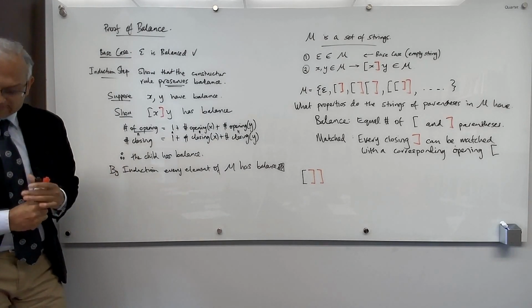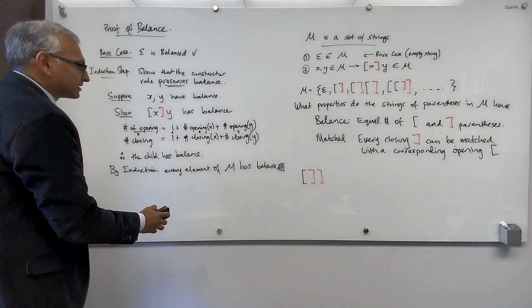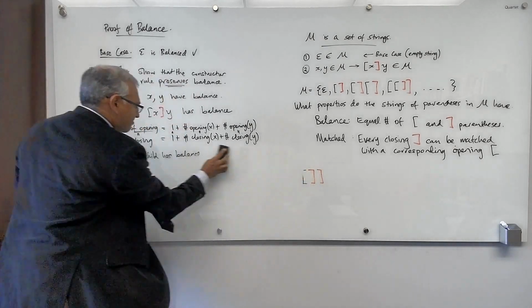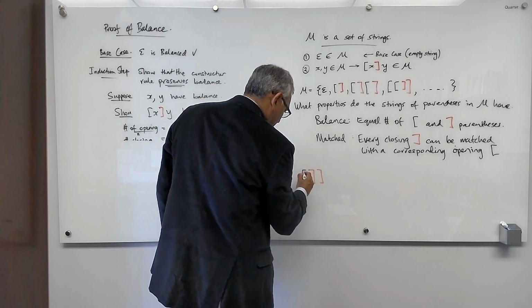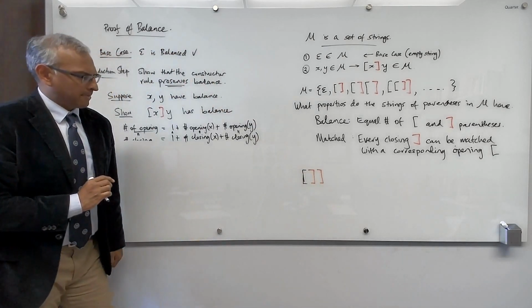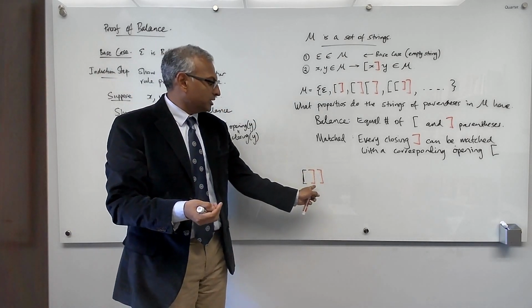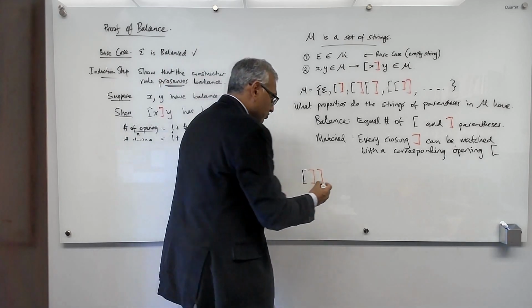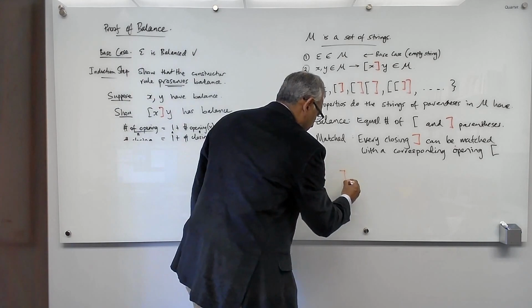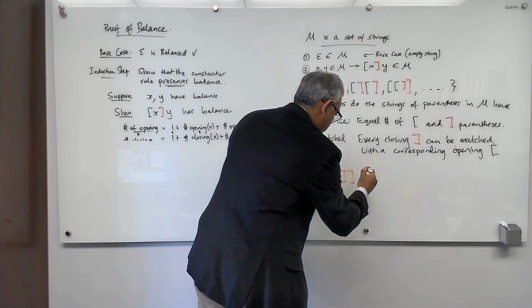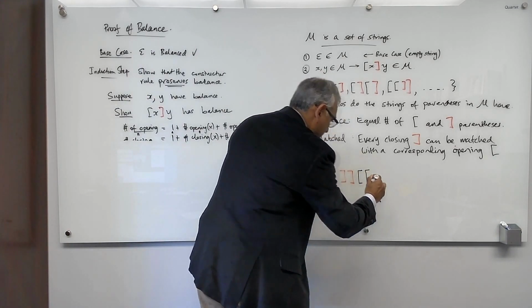Let's consider some more examples. By the way, immediately now we know that this guy is not in M. Why? Because it's not balanced: one opening, two closed. But let me show you a string of parentheses that is balanced. So that's balanced.